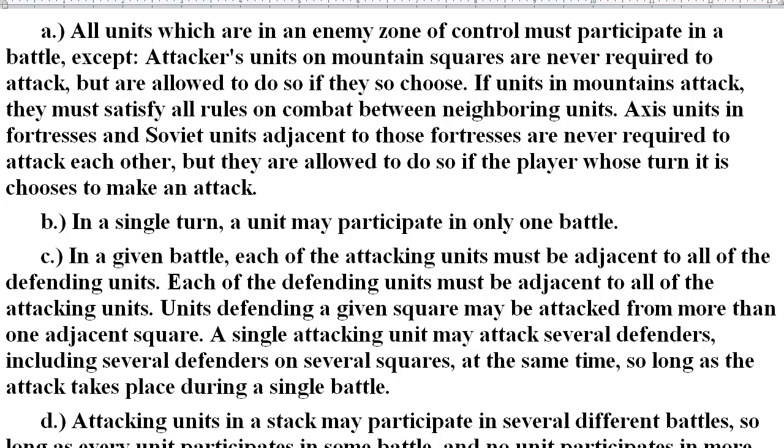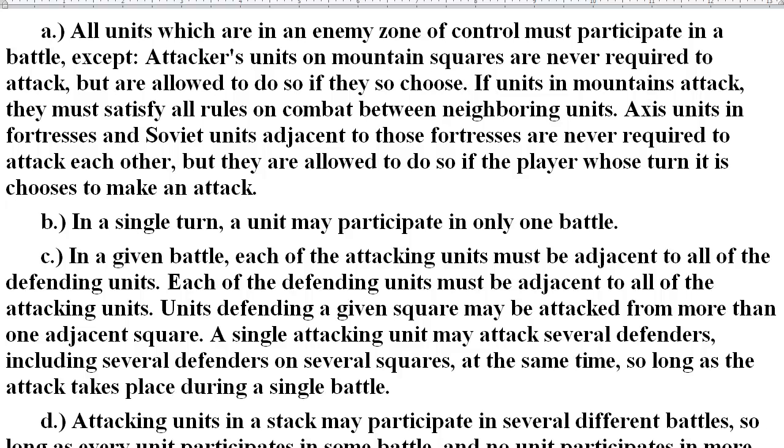Correspondingly, if we have defending units that are next to attacker units that are in mountains, it is up to the attacker whether those defender units are attacked. Unless, of course, the defender units are also adjacent to attacker units that are not in mountains.